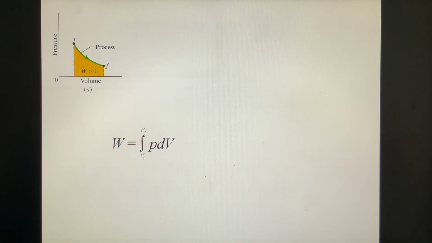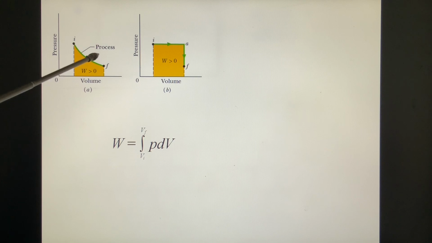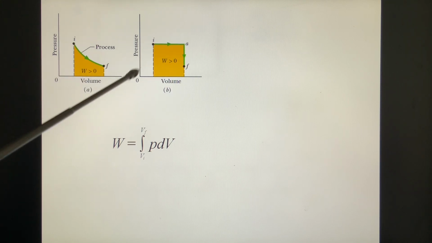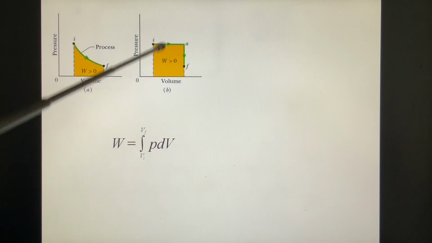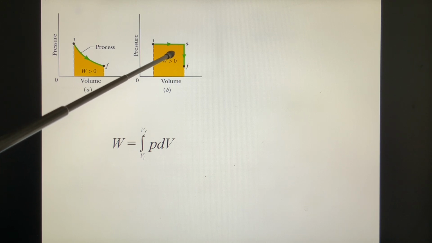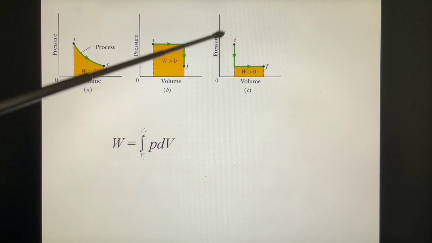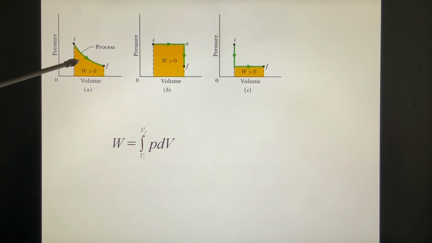This is the way we go from initial to final. Now, if we go from the same initial to the same final state this way, the integration gives a much larger work than this one. Furthermore, when we go this way, it is much smaller than this one. So for different paths, we have different results.